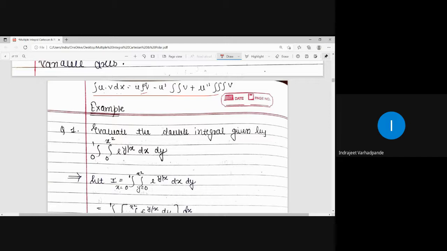So u into integration of v, minus u dash into double integration of v, plus u double dash into triple integral of v, and so on. This is going to stop when these derivatives are exhausted or vanish.